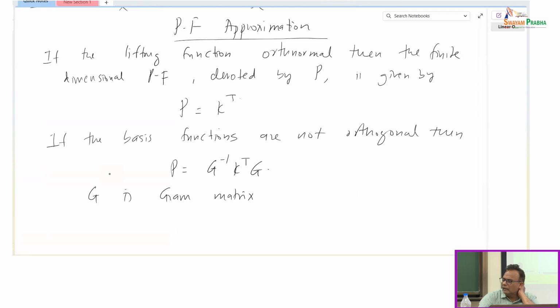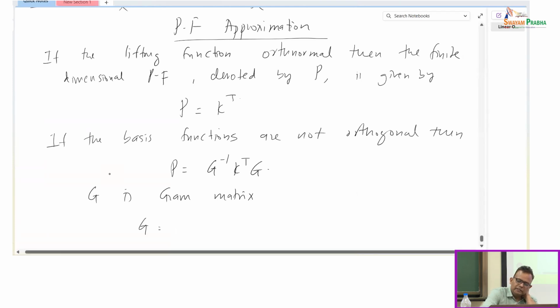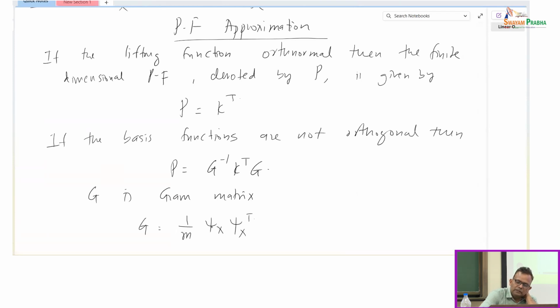And in fact, I think we defined G in the past. G is basically 1 over M times psi x transpose. This is the Gram matrix.